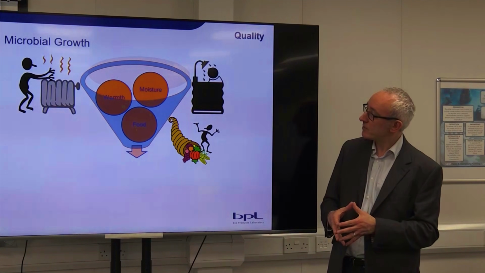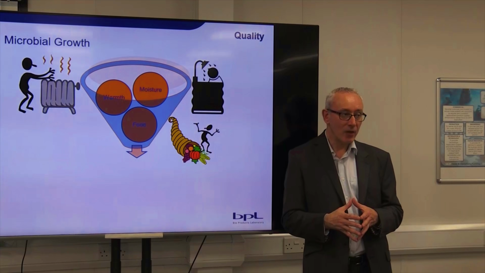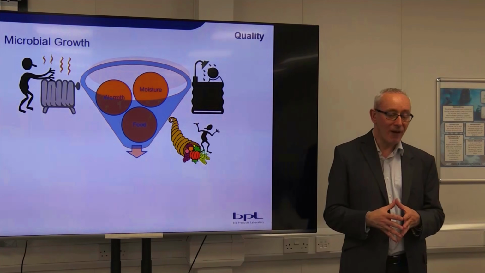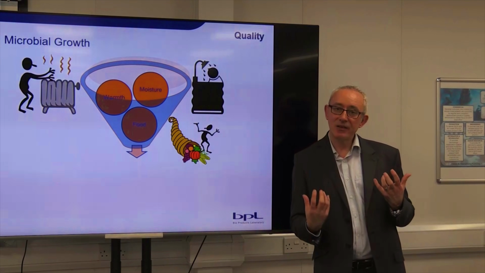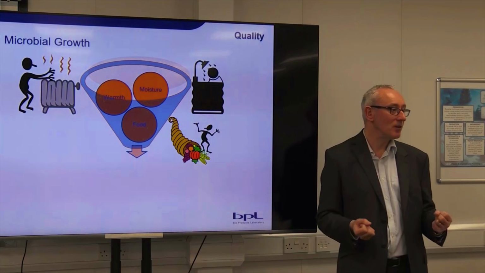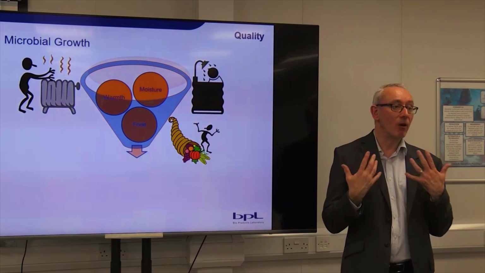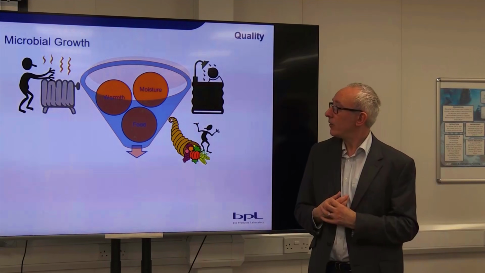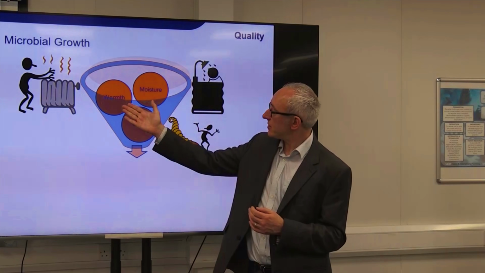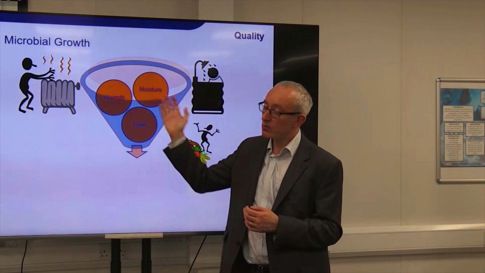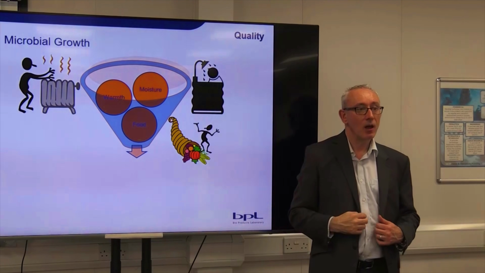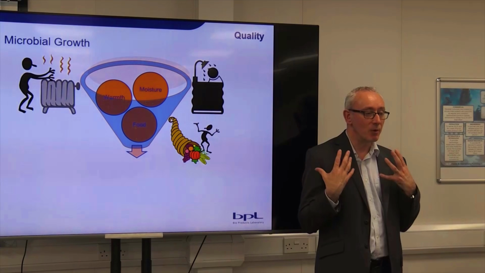So for microorganisms to grow, they need a number of factors. And in that sense, it's not dissimilar to us. For us to thrive and be healthy, we need a certain temperature. And the microorganisms we're most concerned about are those associated with the human body.